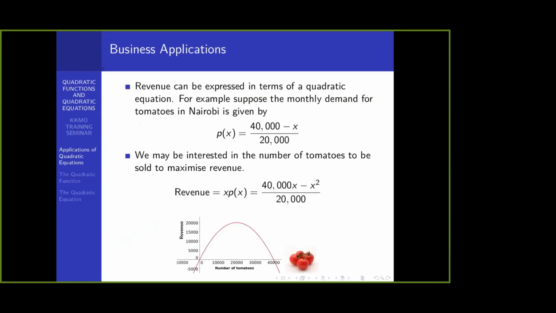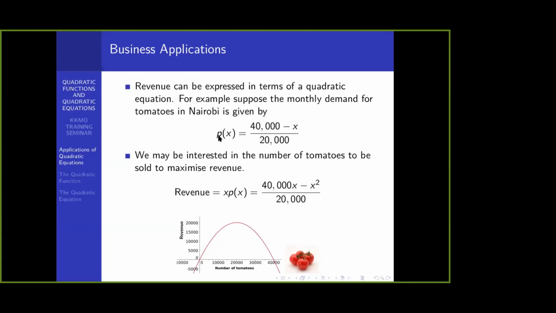In business as well, this happens. You can express revenue as a quadratic function. This is a simple example where you have a demand defined by this equation. The demand written in terms of price is given by this, and the price depends on the number of goods in the market. So X counts the number of goods in the market.